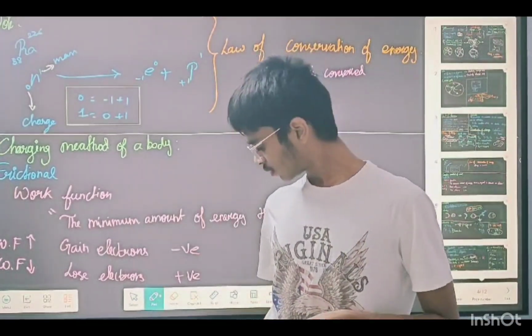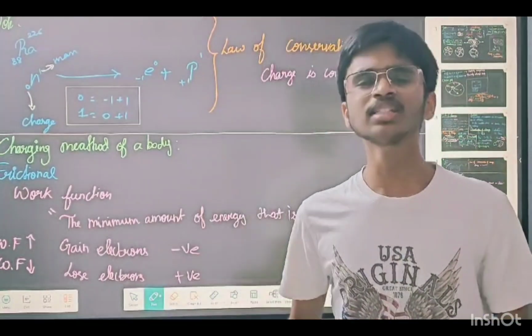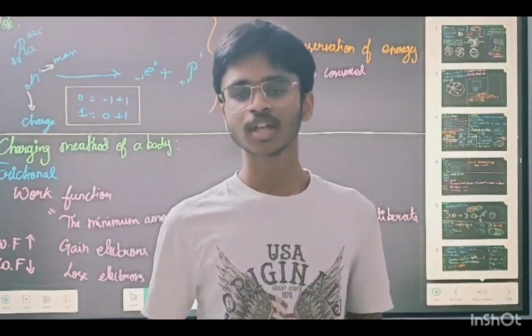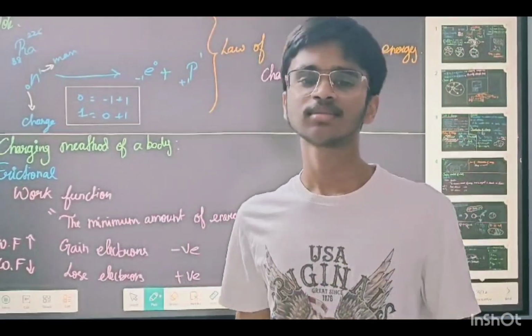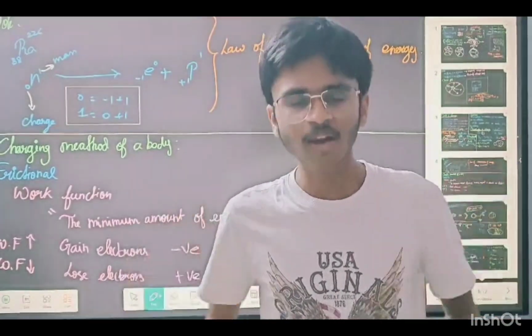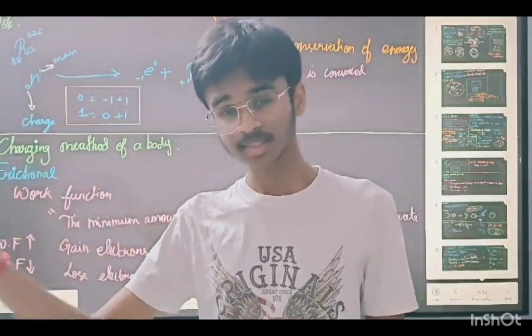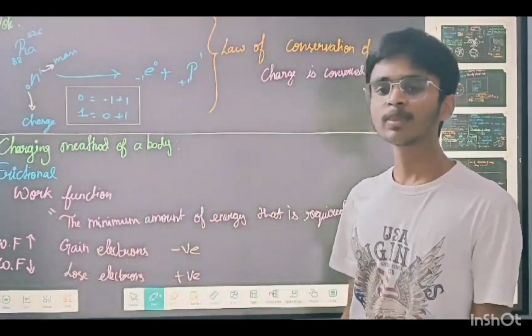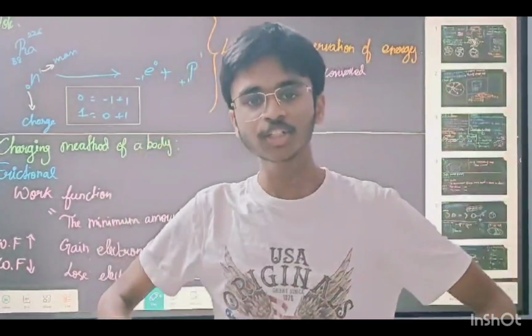Instead of work function, it's very simple. Let us just correlate it with our own real life. You are doing a lot of work, then absolutely your energy level will be negative because all your work you have done, so energy is being lost. And if you are doing less work, that means you will be having a lot of energy inside you.